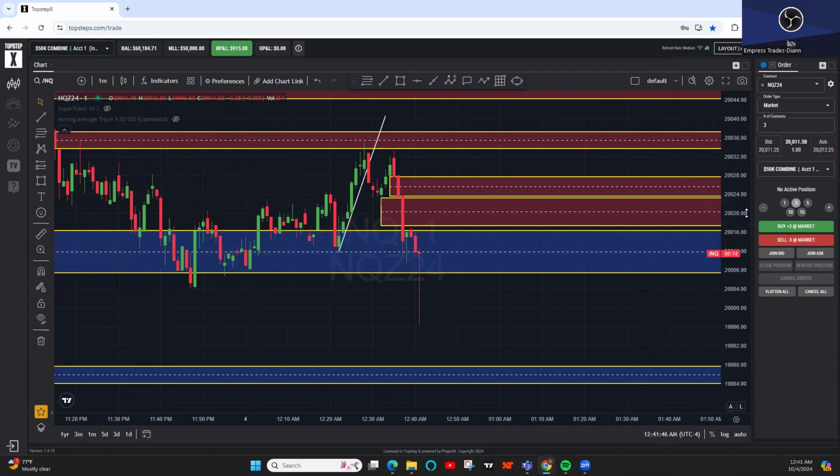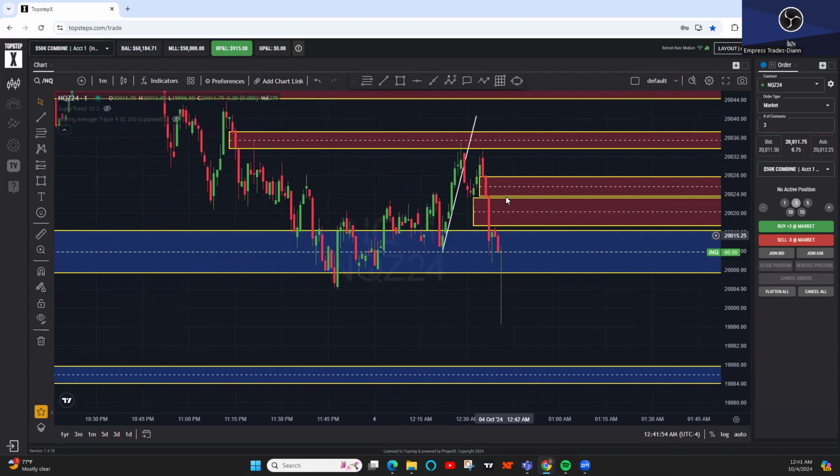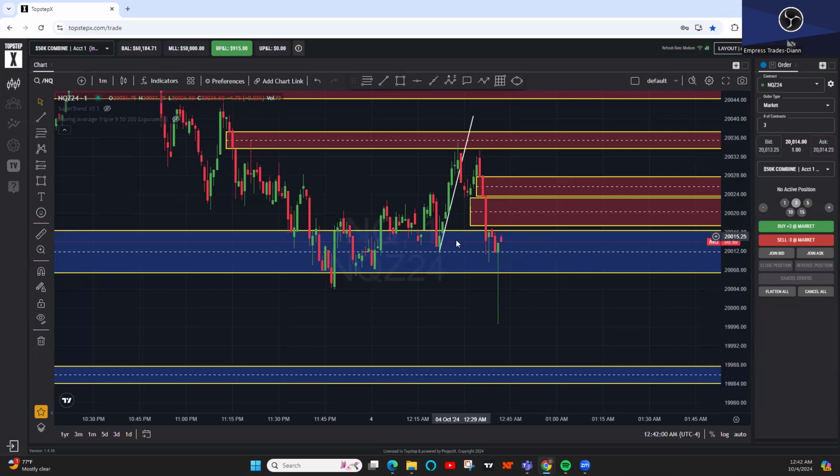And I was just about to say to you guys, now that I created a bearish fair value gap on this 1 minute chart, if you just take a step back and look, what do you see? You see more bearish fair value gaps than you do bullish. Even though this is a bullish fair value gap on a higher time frame, it's being invalidated right now as we speak.